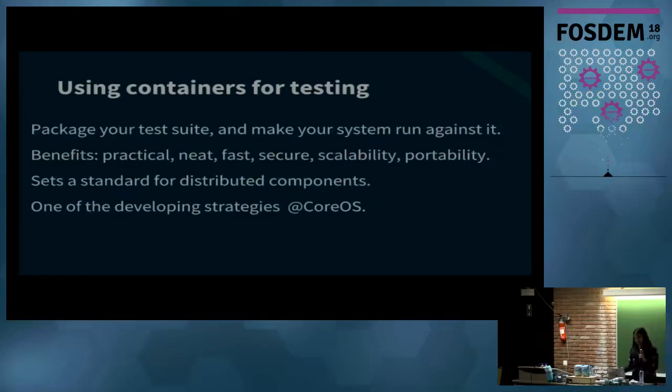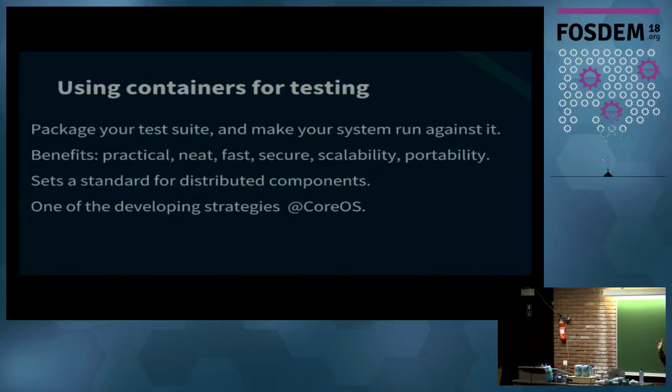Then it sets a standard for distributed components. For example, at CoreOS, we're pushing towards that strategy right now because we work in very different teams towards one goal, let's say Tectonic. Tectonic includes the Prometheus support, the etcd support, all of that.